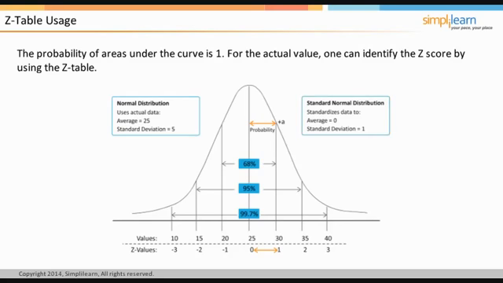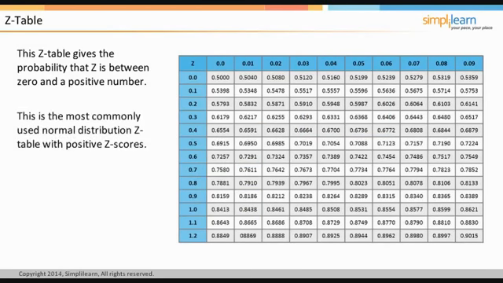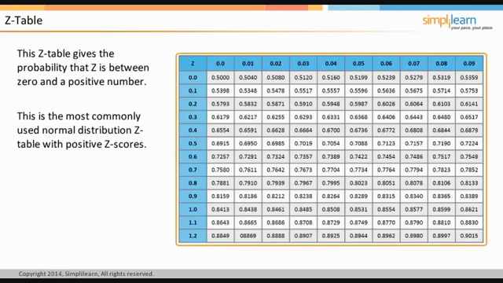In the next screen, we will take a look at the z-table. The z-table gives the probability that z is between 0 and a positive number. There are different forms of normal distribution z-tables followed globally. The most common form of z-table with positive z-scores is shown here. The value of a, called the percentage point, is given along the borders of the table in bold and is to 2 decimal places.